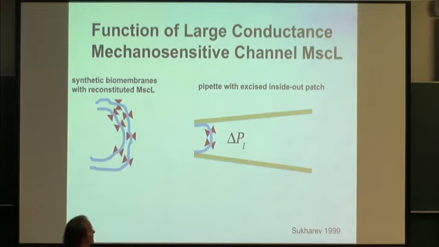You can apply an internal pressure that will change into a tension of the membrane, and you can also measure how much current you have through the system. You can measure electric current through that membrane, and so you have a signal that tells you how many of the channels are open. You can directly measure mechanical tension and the response of the system to it.